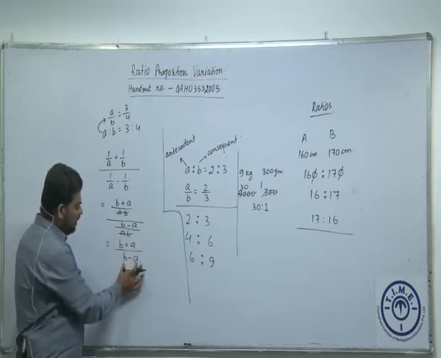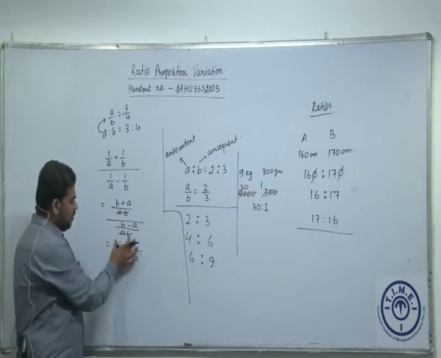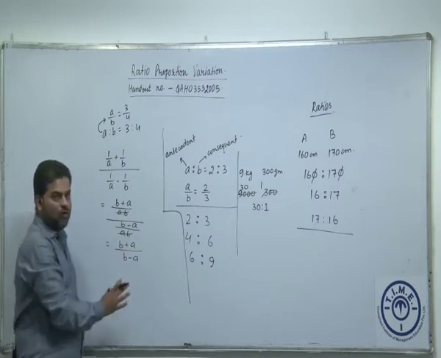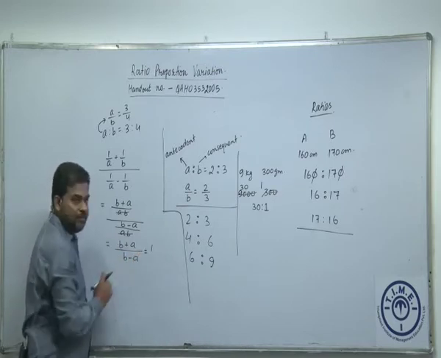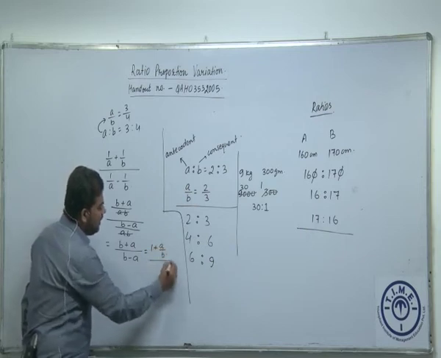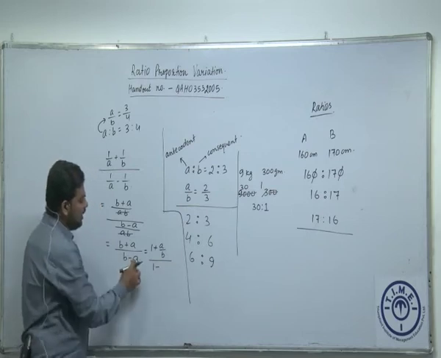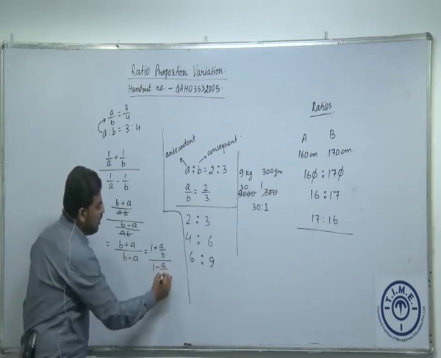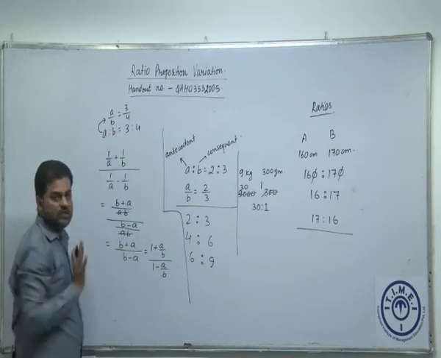In the numerator and denominator, if I divide throughout by B, what do I get? B divided by B, I'll get 1. A divided by B will get A by B. In the denominator, B divided by B will get 1, and minus A divided by B will be A by B. So we already have the value of A by B, which is 3/4.